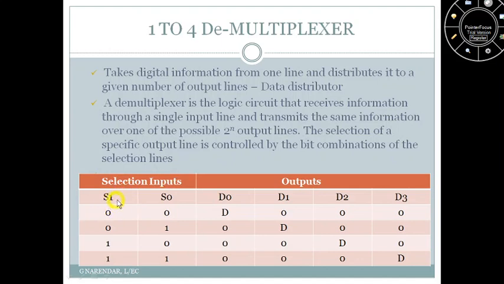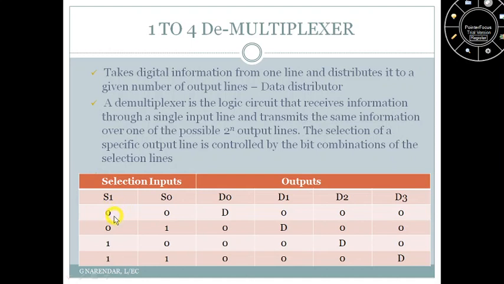Since we have two selection inputs S1 and S0, the two inputs can take four different bit combinations: 0 0, 0 1, 1 0, 1 1, and with each bit combination one of the output lines will get selected and the input digital information will be placed on that output line.